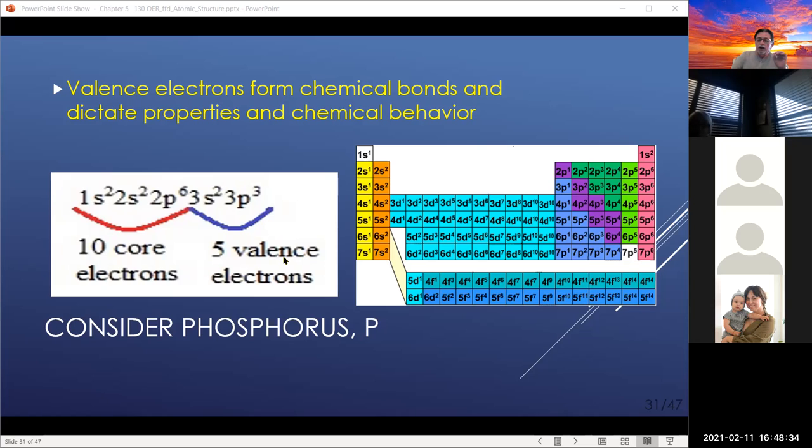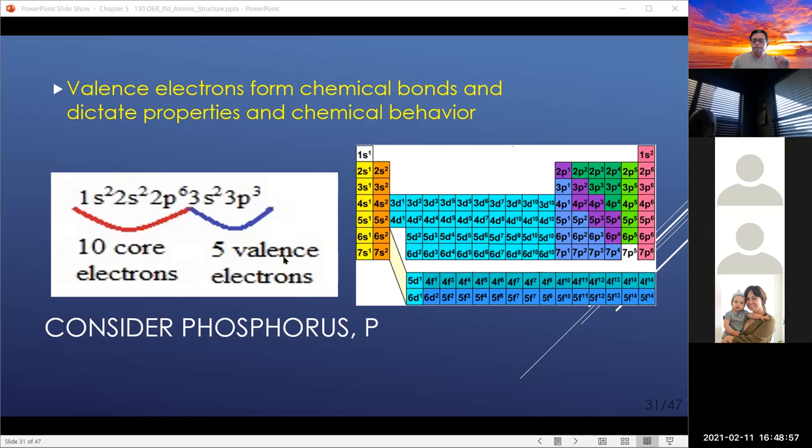Now, what would be your guess with respect to phosphorus? Keep 2 things in mind. 1, it's a nonmetal. 2, it has room for 3 more electrons. Do you expect it to lose or gain electrons?